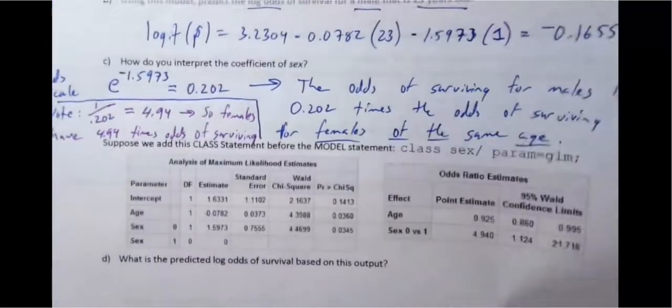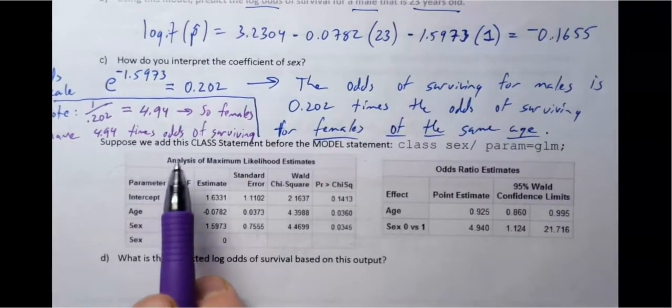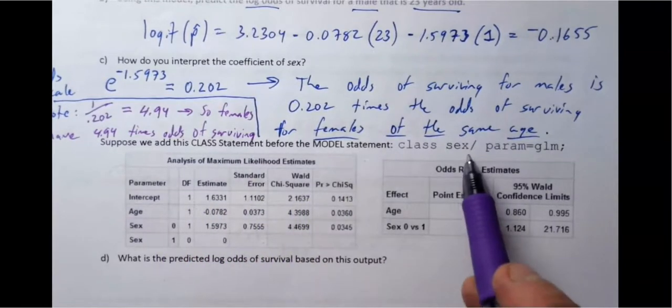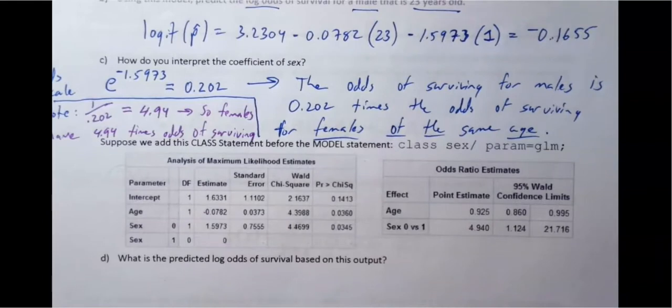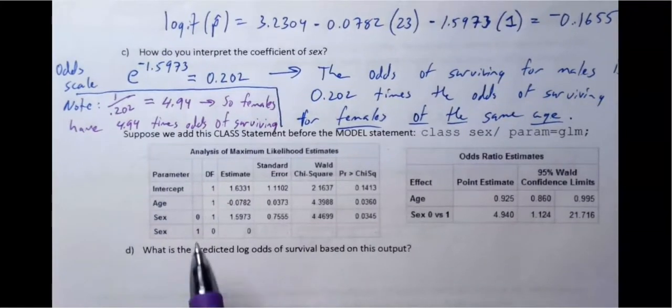So this is the caution that I mentioned up above. If we add the class statement before the model and I don't specify a reference cell, SAS does everything alphanumerically, and it's very similar to PROC GLM. So remember that sex is a categorical variable, but it's already scored 0, 1.